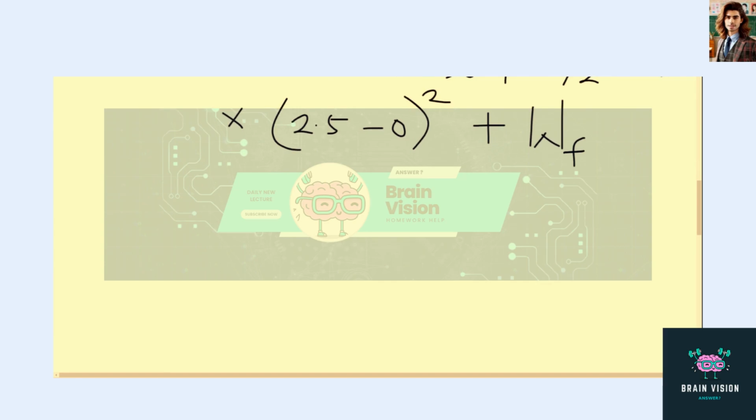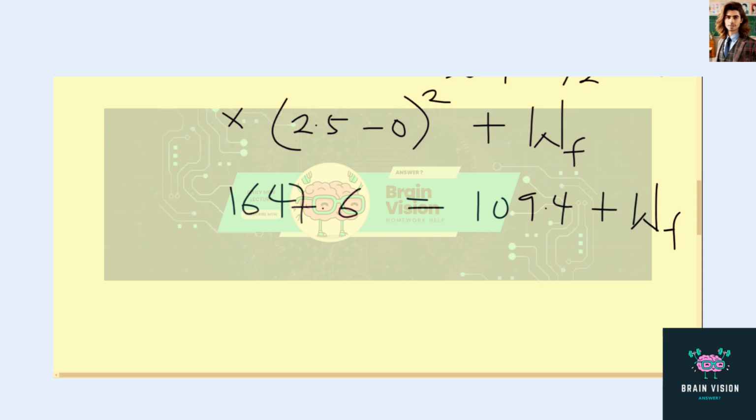All right, so let's go on. When we calculate that, we'll get 1647.6 from the side of the potential energy, equal to 109.4 on the side of the kinetic energy plus the work done by friction, in other words, the heat loss.